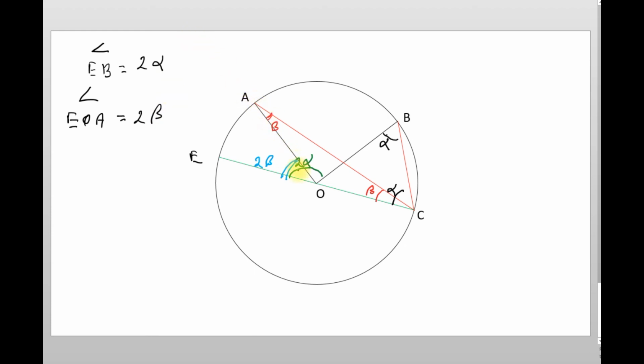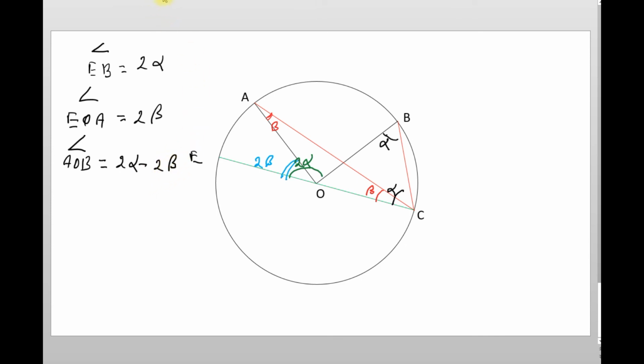Now our central angle AOB, that's the angle that we're interested in, is therefore equal to the difference between the angle EOB and EOA, which will be 2 alpha minus 2 beta.